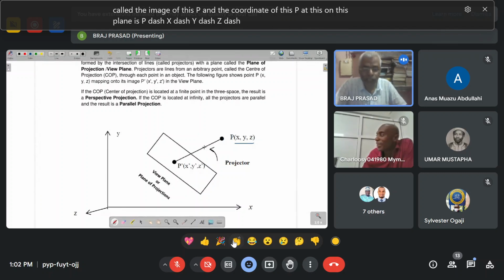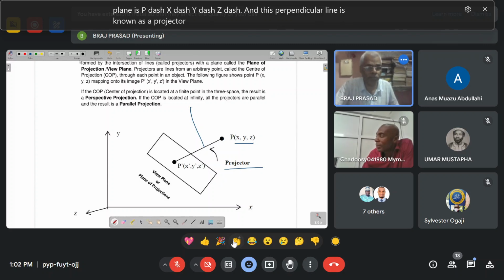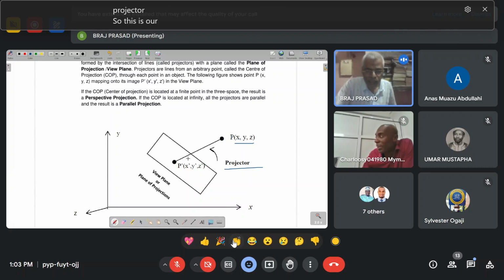This perpendicular line is known as a projector. So this is our projector, this is our object, this is our view plane, and this is the image of this object.